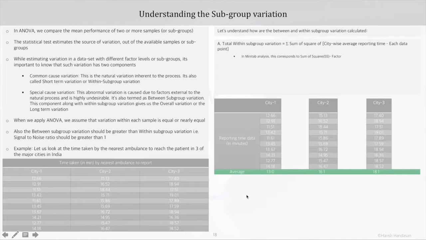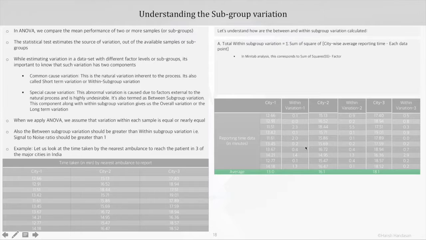So from a calculation point of view, here we have the means for each subgroup. In these columns, each row is nothing but the square of the difference between the subgroup mean and individual observation. So this row is nothing but the difference between 13 and 12.66, that is 0.34, and then we have squared it to get this value.